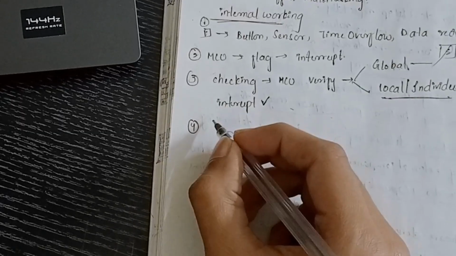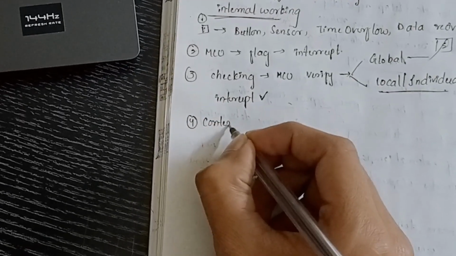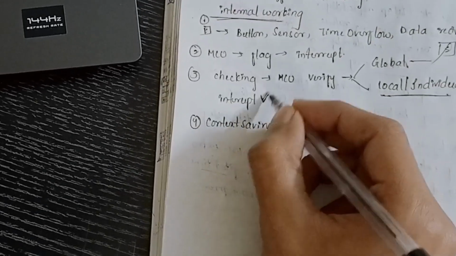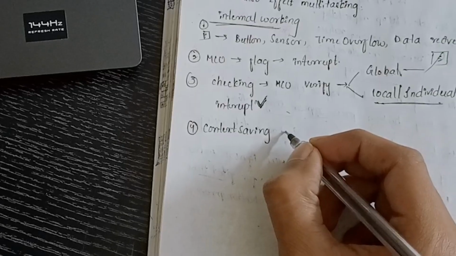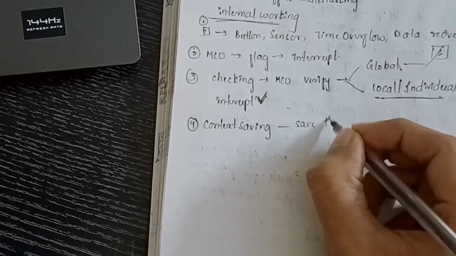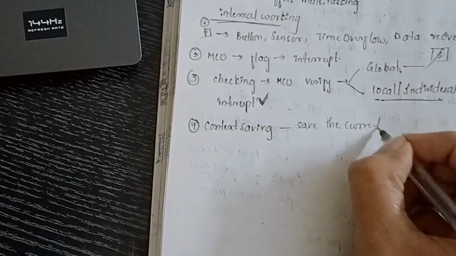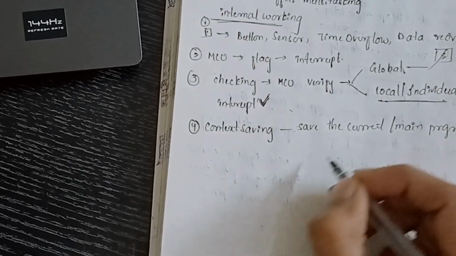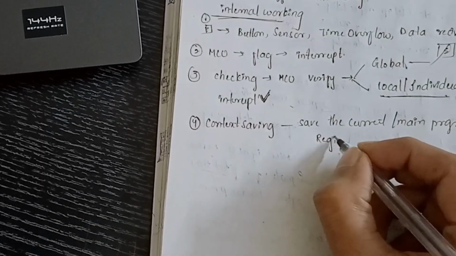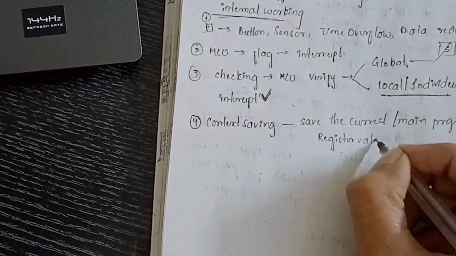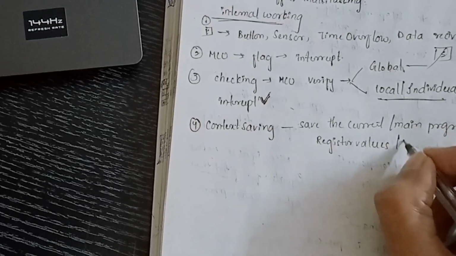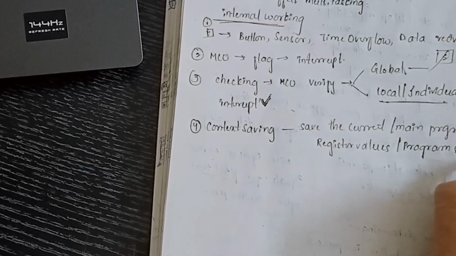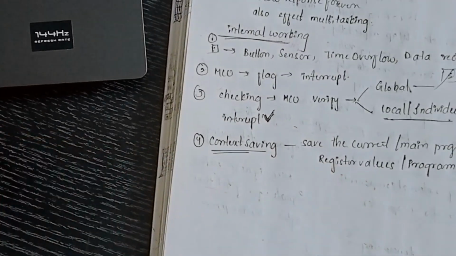And the fourth step is context saving. Before execution of this interrupt, the microcontroller saves the current program, or the main program. It saves the register values, and the program status is also saved. This is called context saving.